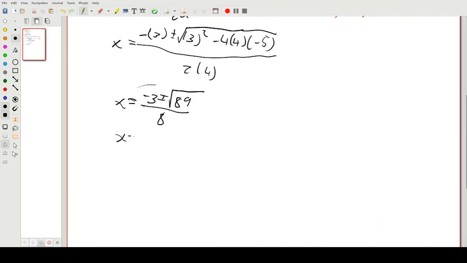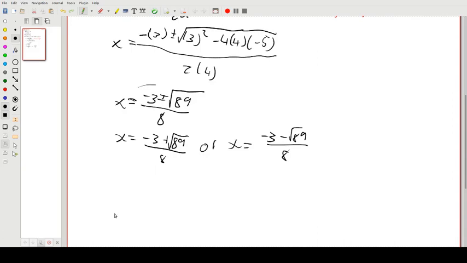So then x equals negative 3 plus the square root of 89 all over 8, or x equals negative 3 minus the square root of 89 over 8. You can just type that in the calculator to get your answers and round them off to 2 decimal places. I don't have a calculator, so I'm not going to do that now.